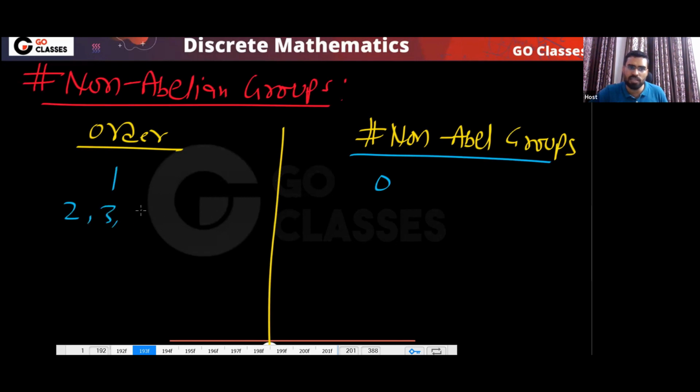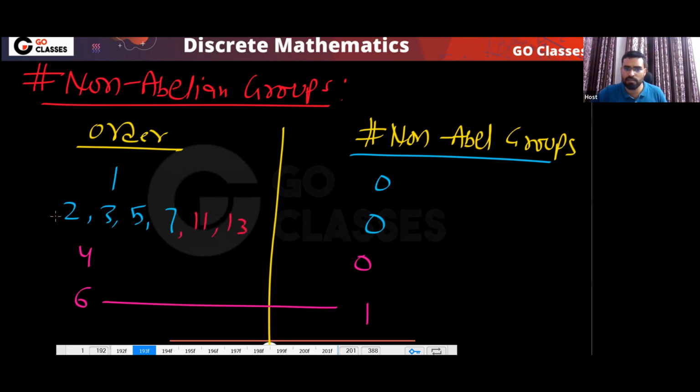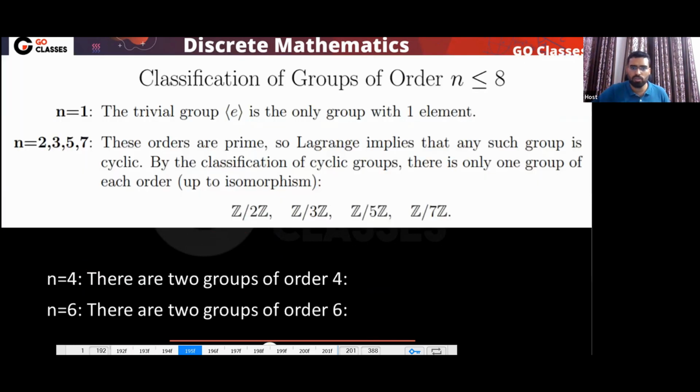If your order is 2, 3, 5, 7, it is 0 again. If your order is 4, also 0. If your order is 6, the first time it will come. Remember, 7 is a prime number, and the same holds for 11, 13, any prime number I take. And this is the smallest non-abelian group. Okay, anyway, let's move on now. So these are the ideas.